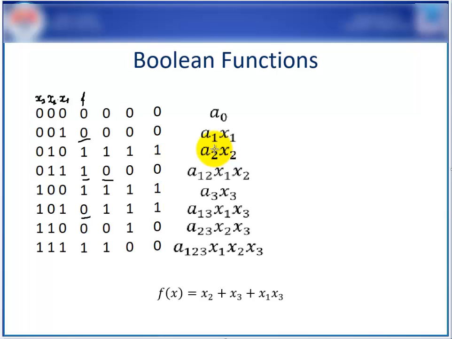That is, we have the coefficient a2, the coefficient a3, and the coefficient a13 being equal to 1, which gives us the formula where we have x2 plus x3 plus x1 multiplied by x3. So this was the second method for calculating the algebraic normal form from the truth table.